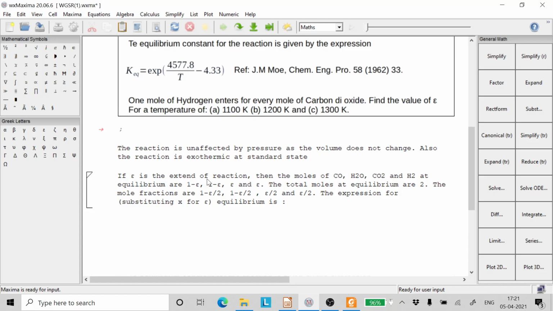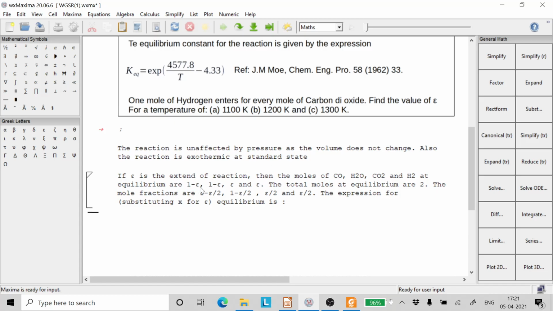Now, if epsilon is the extent of reaction, then the moles of carbon monoxide, steam, carbon dioxide, and hydrogen at equilibrium are 1 minus epsilon, 1 minus epsilon, epsilon, and epsilon. Now, it's fairly simple here.